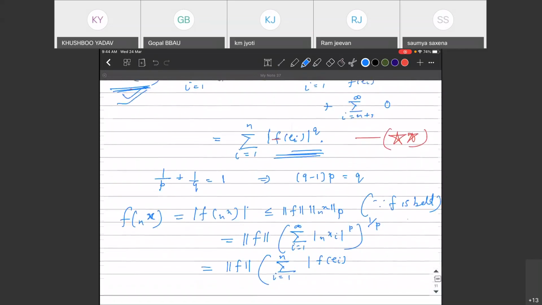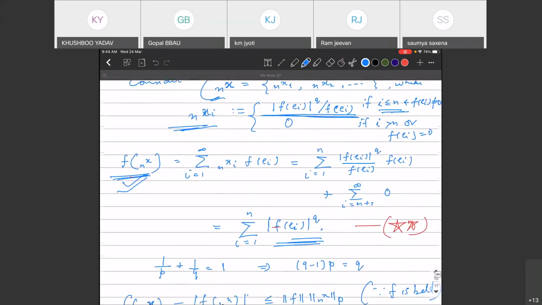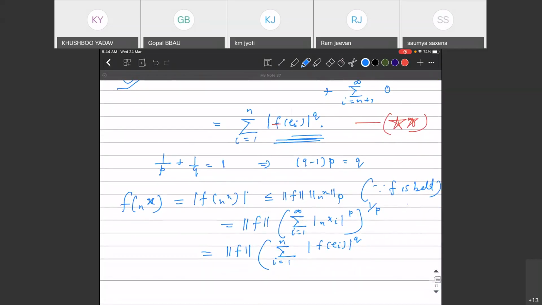Let's write it with q upon mod f(ei) and power 1 by p. Is it correct? No, it's not correct, because there is a power p also. Let me write it correctly.